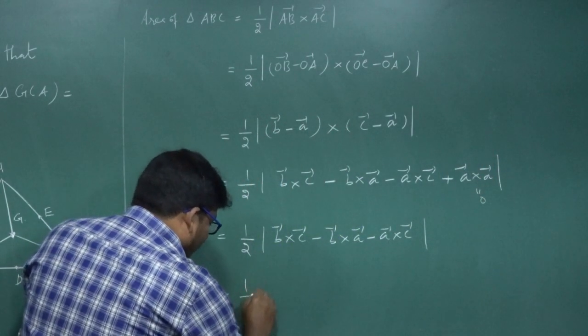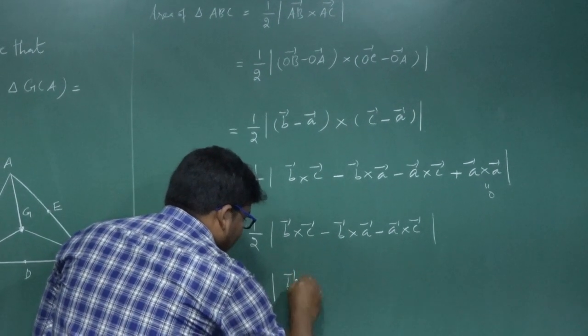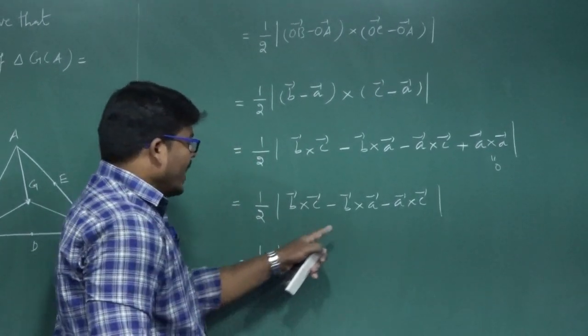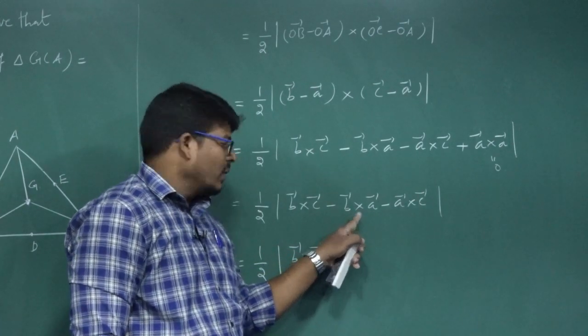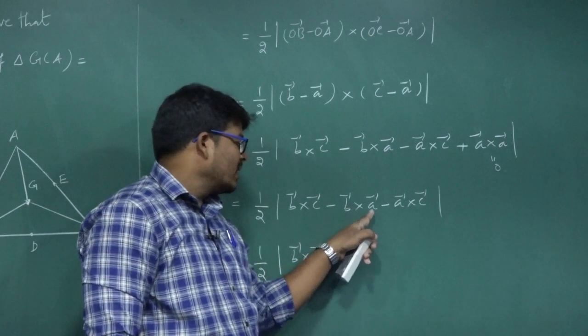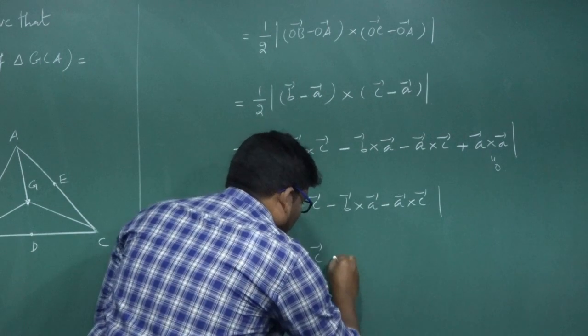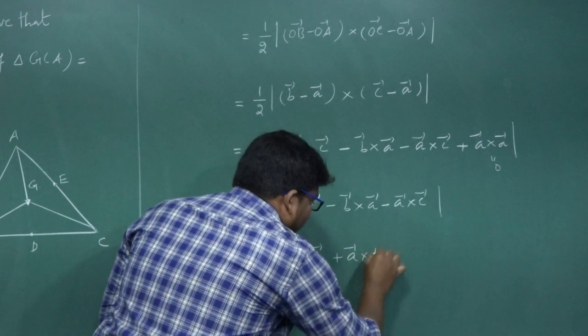We can write 1 by 2 modulus of B vector cross C vector, minus B vector cross A vector. Interchanging the vectors, minus B vector cross A vector is A vector cross B vector.